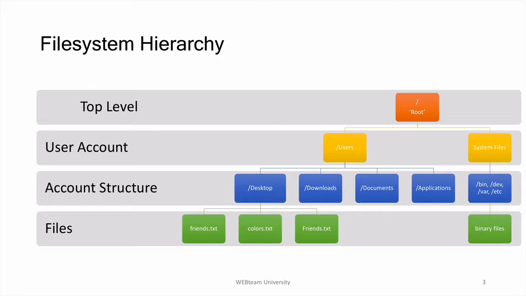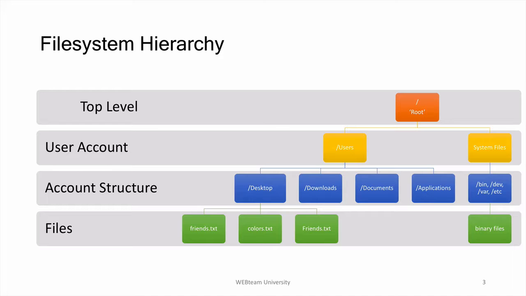Now in the users directory, and a quick aside, the word directory just means folder. When we're talking about a folder on your local machine, on your computer, we're going to refer to that as a directory. So don't be intimidated by the different terminology that we're navigating different directories. Essentially, we're just opening up folders.